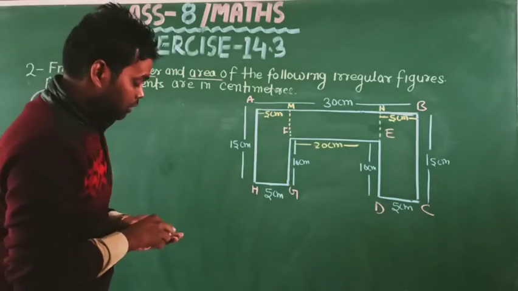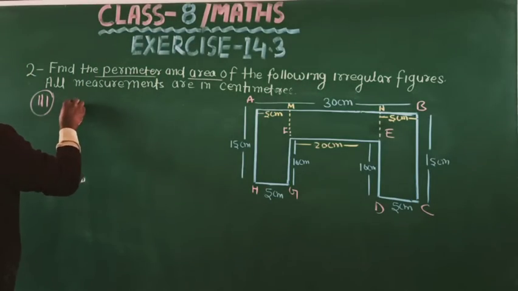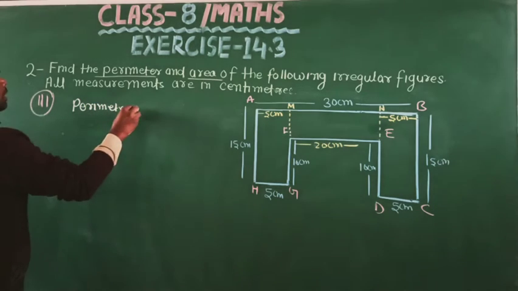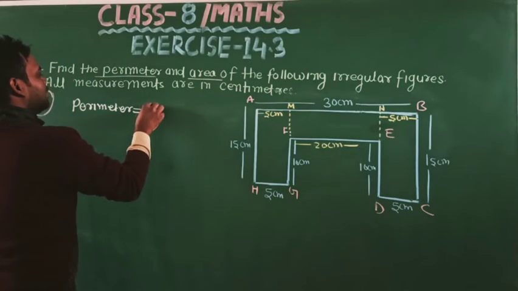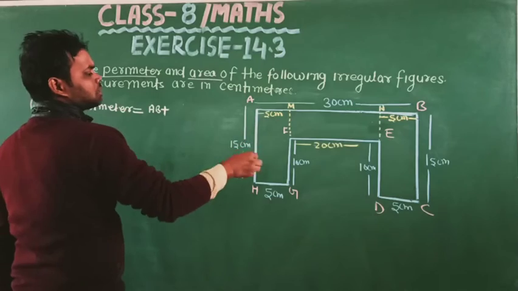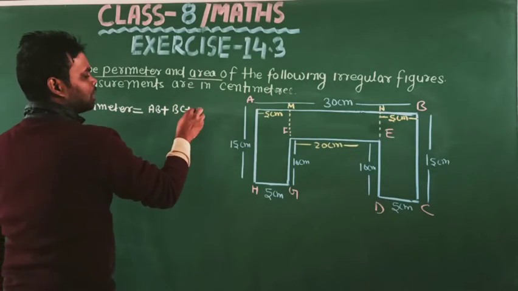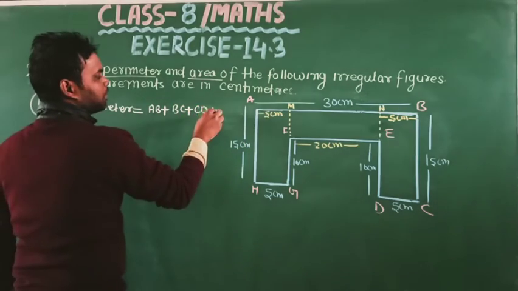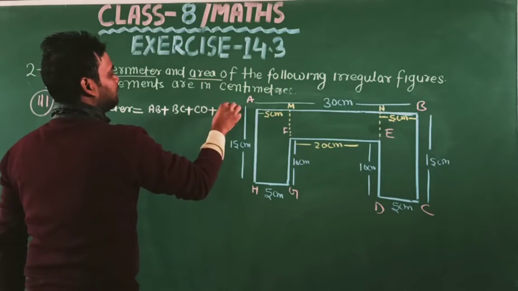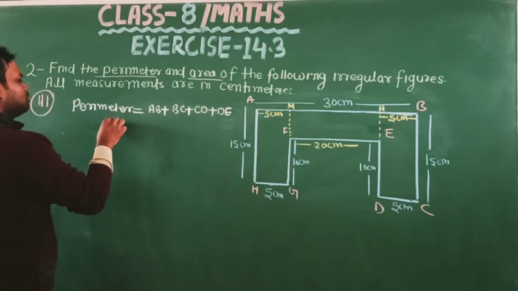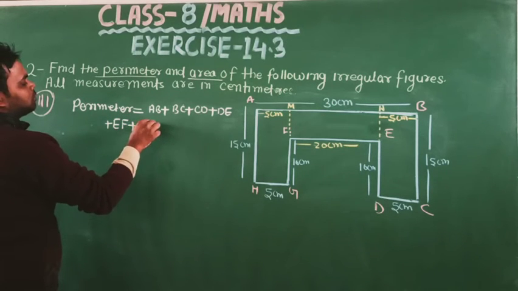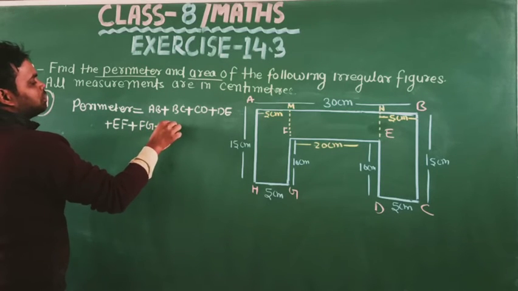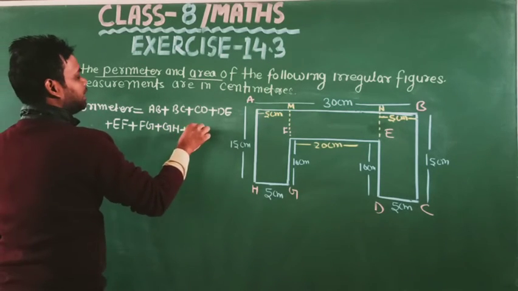Okay. So therefore, perimeter of this figure equal to the side AB plus BC plus CD plus DE plus EF plus FG plus GH plus HA.